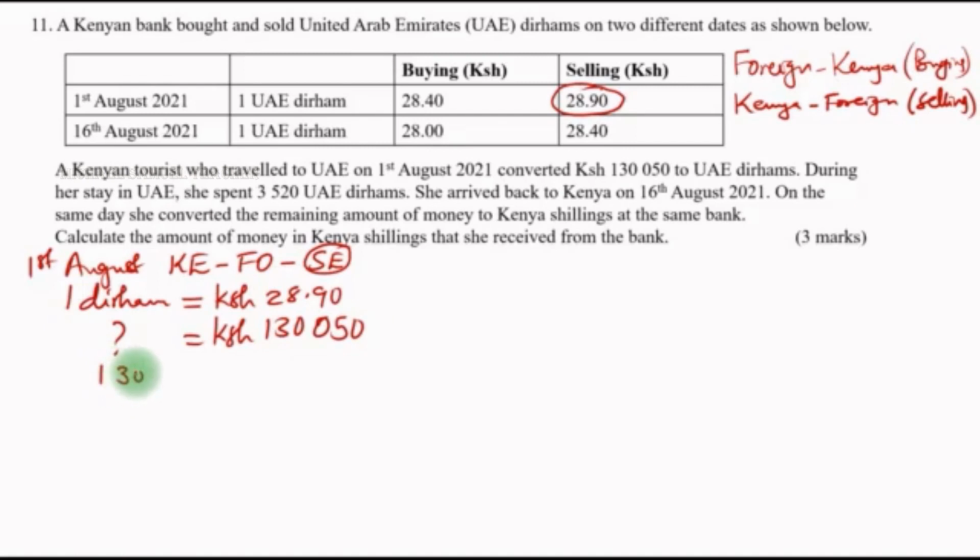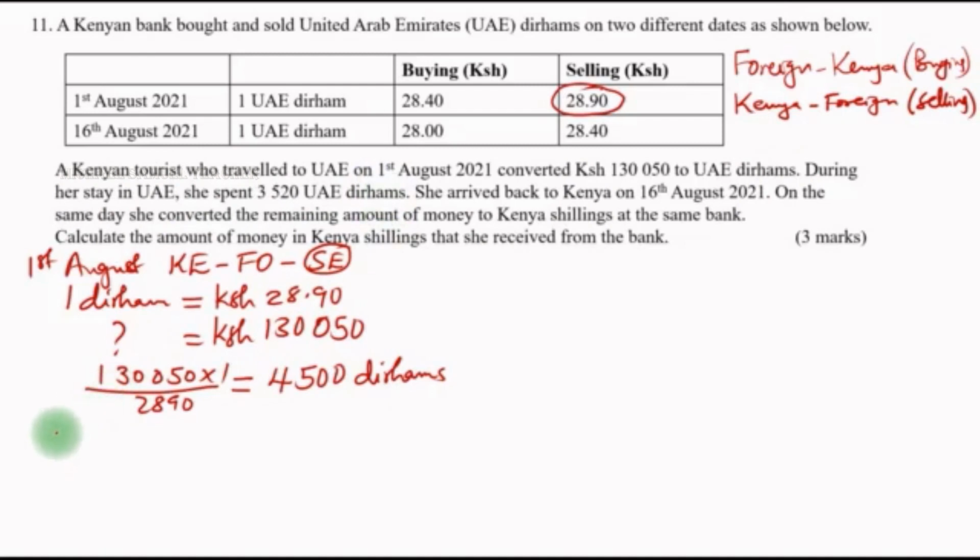So we divide, and we shall get 4,500 dirhams. Then the amount left. We are told that during her stay in UAE she spent 3,520 dirhams.